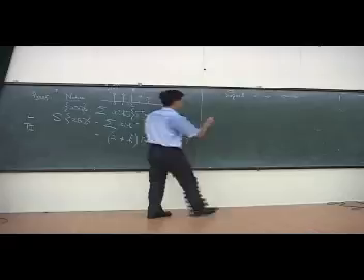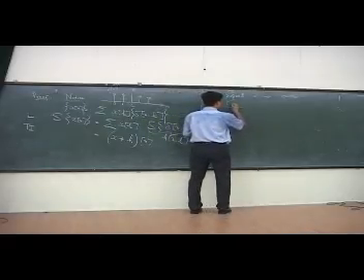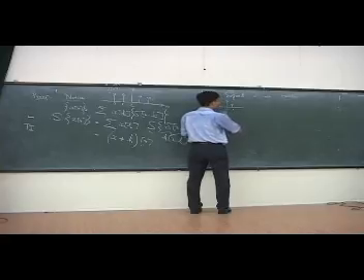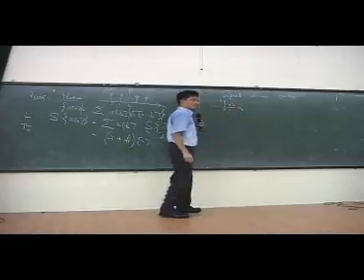For example, I have a simple signal with maybe two samples, 0 and 1. Here at n equals 0 is 3, and here at n equals 1 is 2, for example.